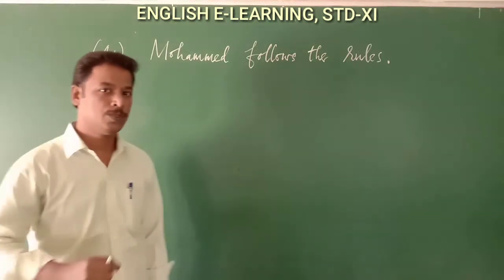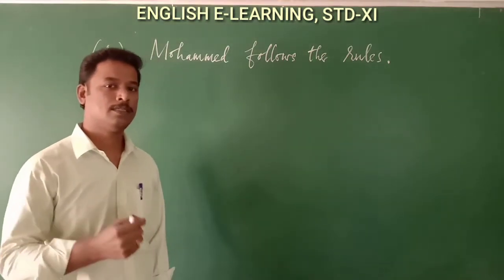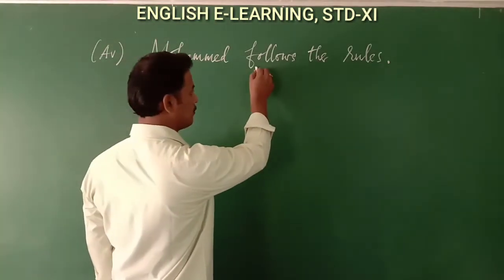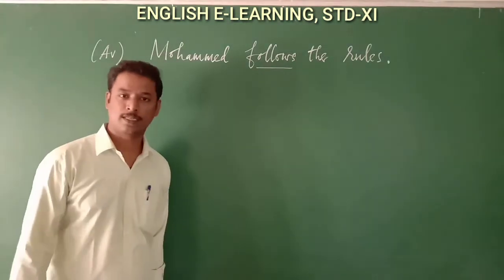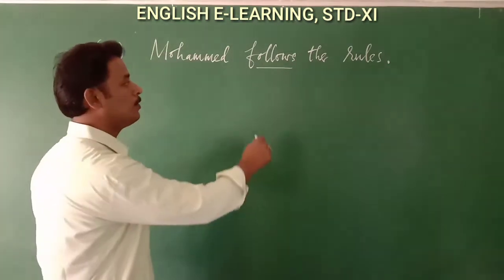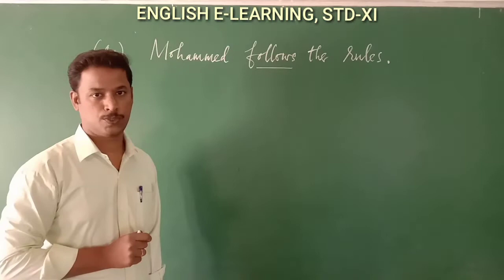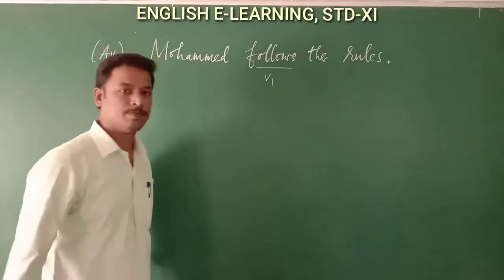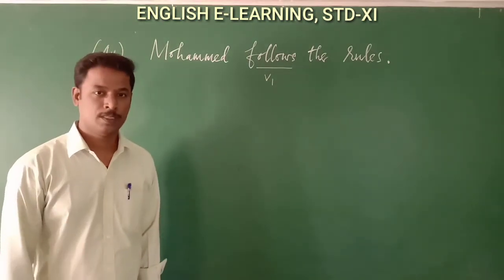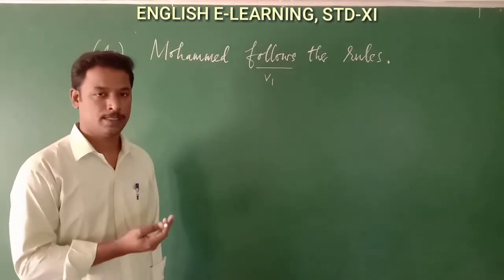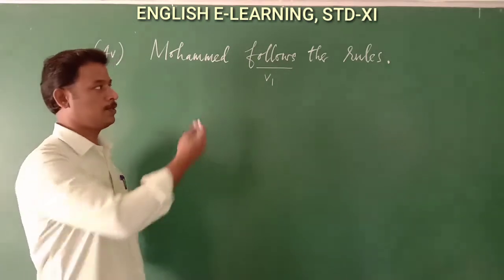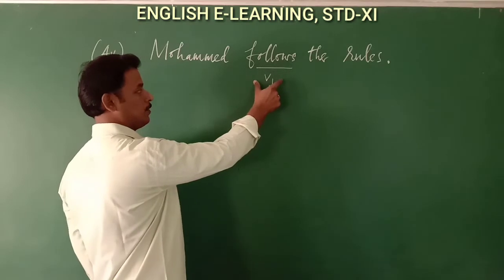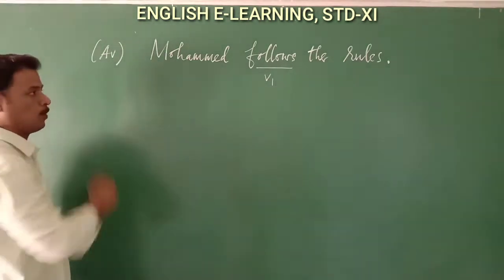How do you find whether a sentence is in active or passive? We have to look at the finite verb used in that sentence. The verb used here is follows. It is in simple present, that is verb 1. There is no other auxiliary verb or helping verb used here. Okay, only one finite verb is used here, so it is in active voice.